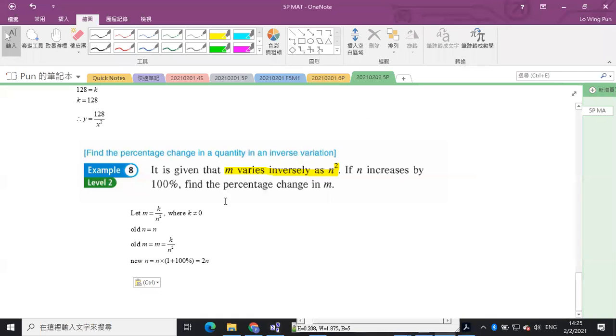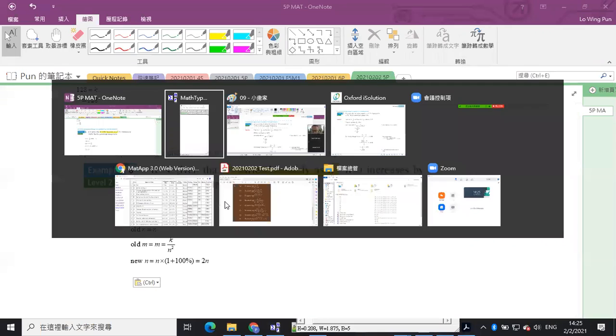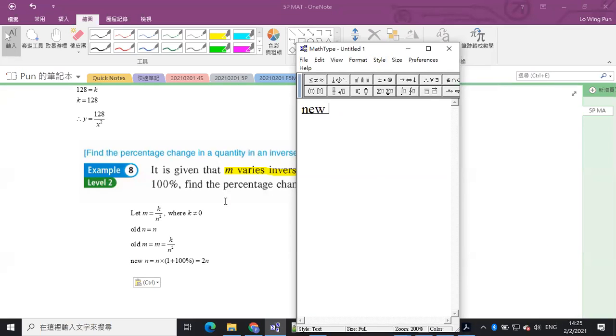The new n is equal to 2n. And then we can calculate the new m. New m is calculated by k over new n bracket squared. But what is the new n? We have already found that the new n is equal to 2n. So it should be 2n bracket squared.